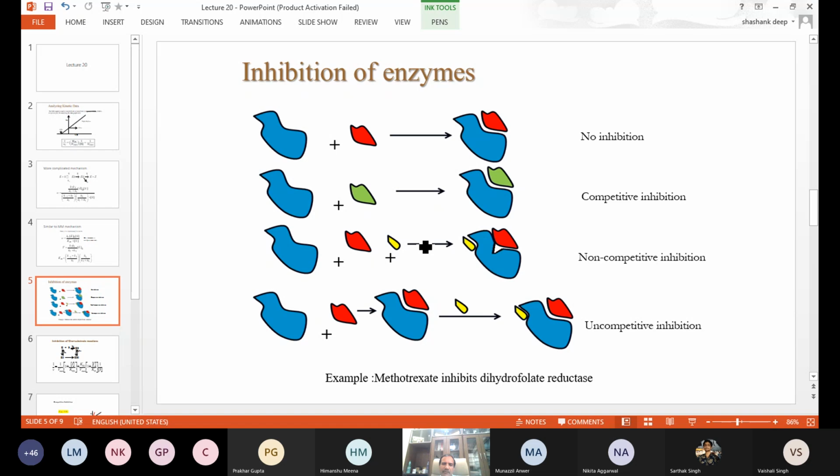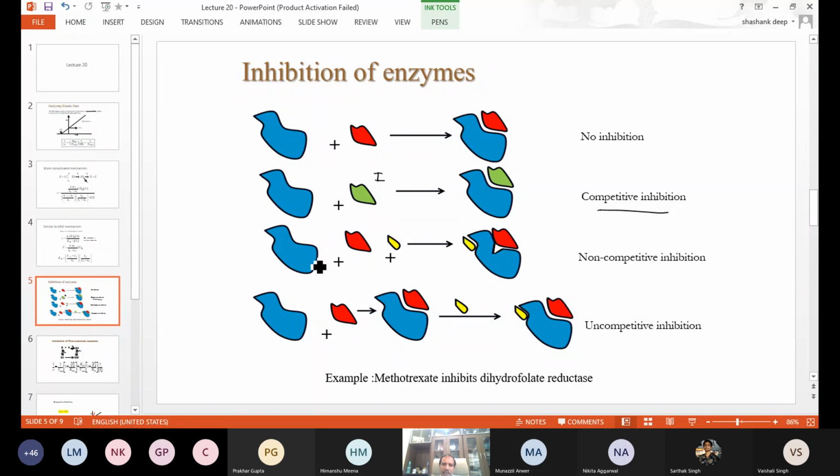If I add an inhibitor, this is I, then what will happen? If it is a competitive inhibition, what does that mean? The inhibitor goes and binds to the active site and removes the substrate from there. So there is a competition between inhibitor and substrate, and in that case we say it is a competitive inhibition.